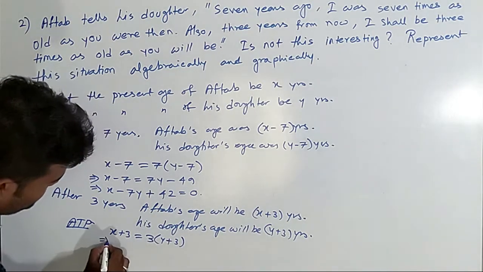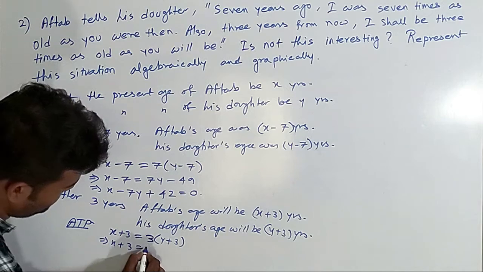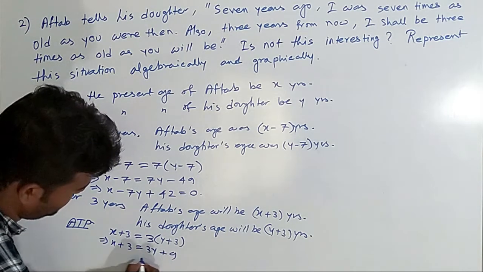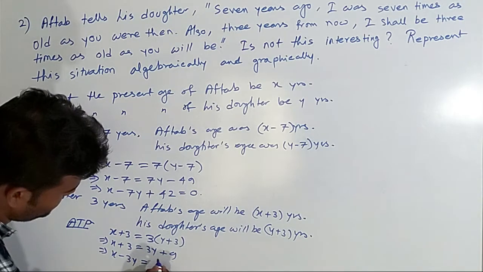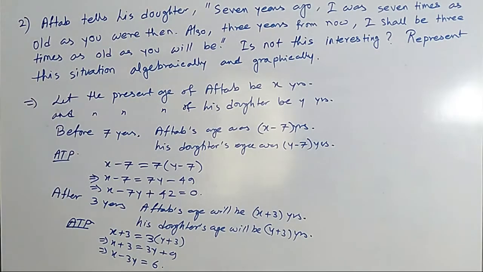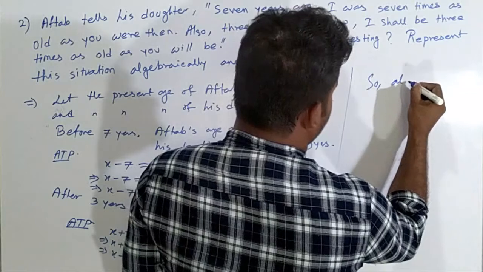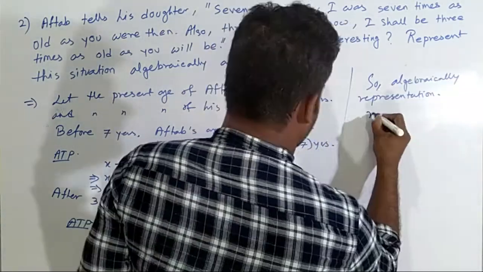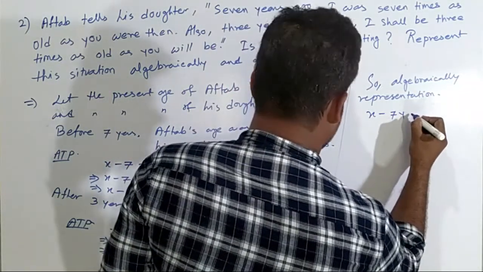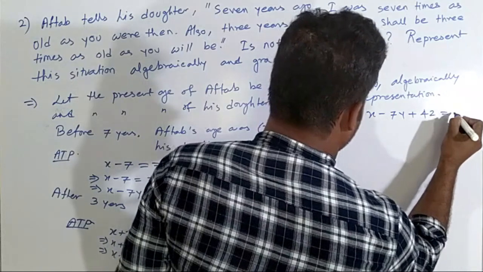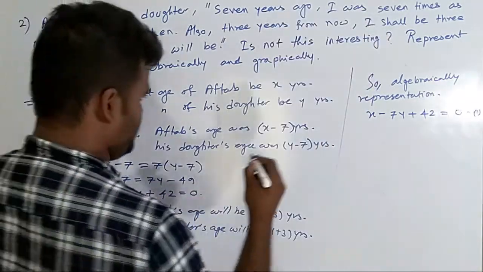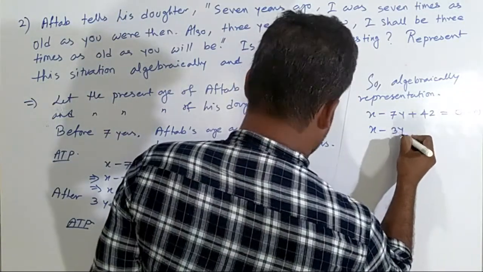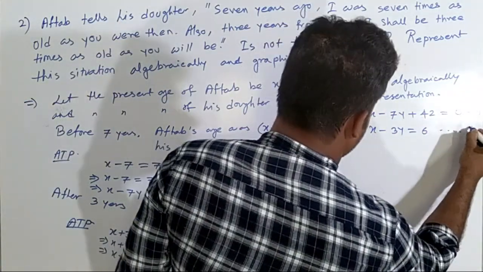Now we solve it, we get x plus 3 is equal to 3y plus 9. Now x minus 3y is equal to 9 minus 3, that is 6. So the algebraic representation is x minus 7y plus 42 equals 0, this is number 1. And the second, x minus 3y equals 6, and this is second.